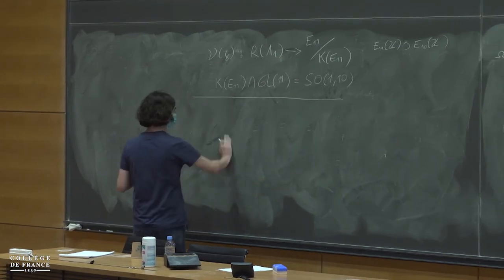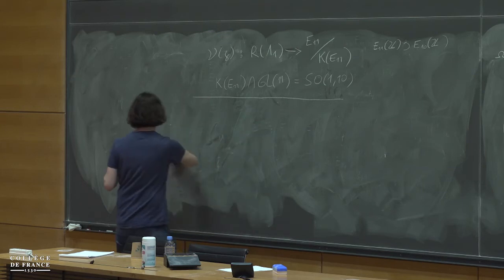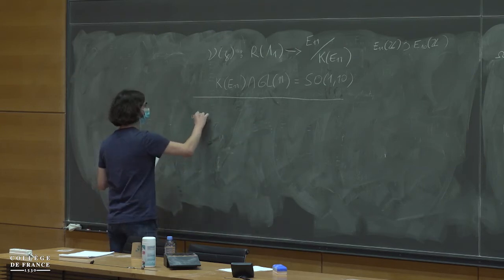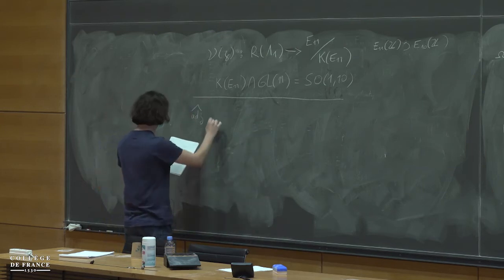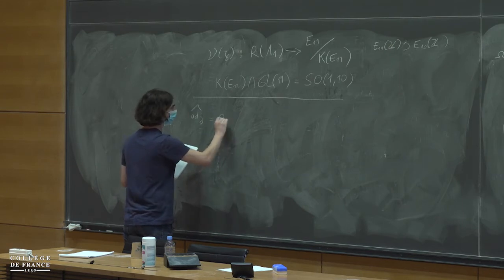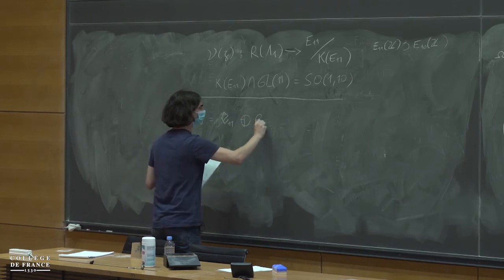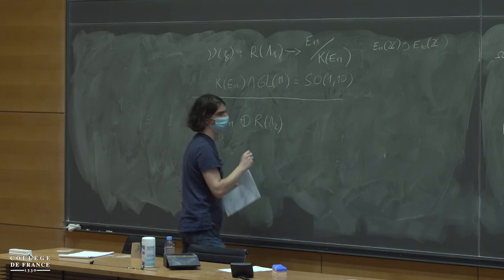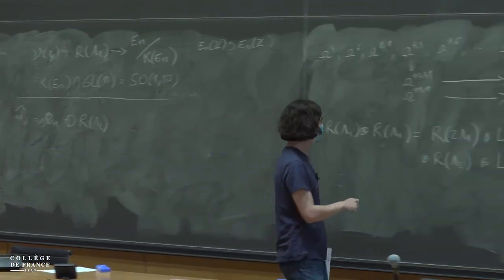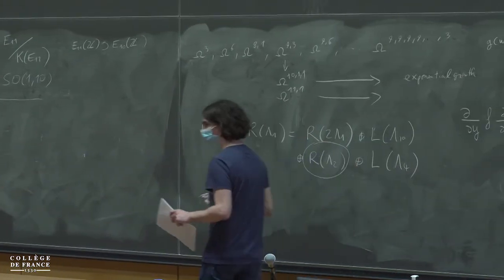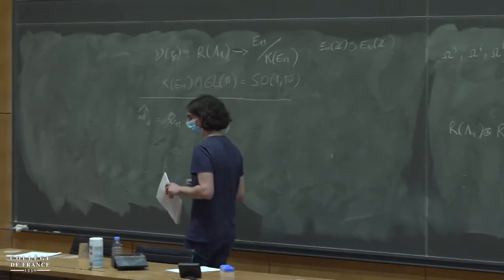And in fact, I will not explain how we get that, but there is a representation adjoint at, which is a combination of the adjoint of E11 with the representation R lambda 2, which appears here in the tensor product, and which is indecomposable.